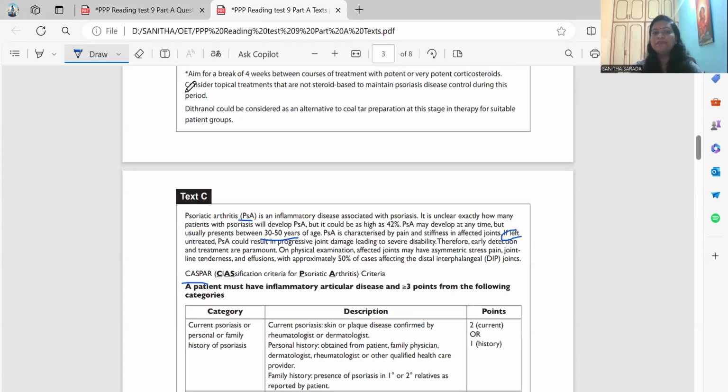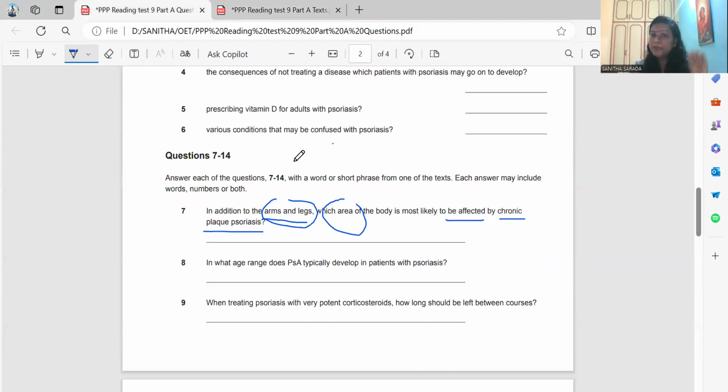So when you read the question, you have to understand where to check the answer. It is asking about chronic plaque psoriasis, so definitely this answer will be in the part A session.